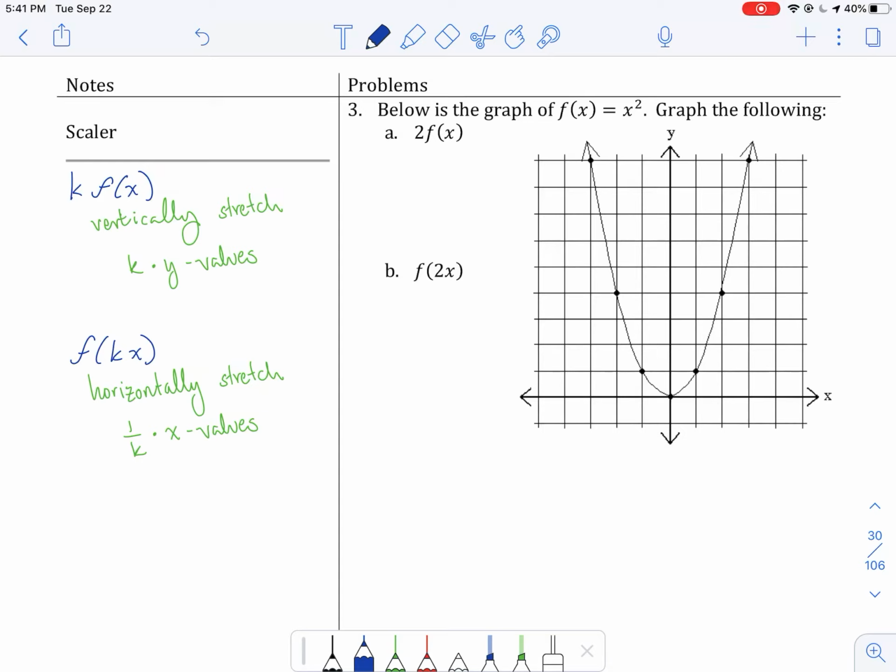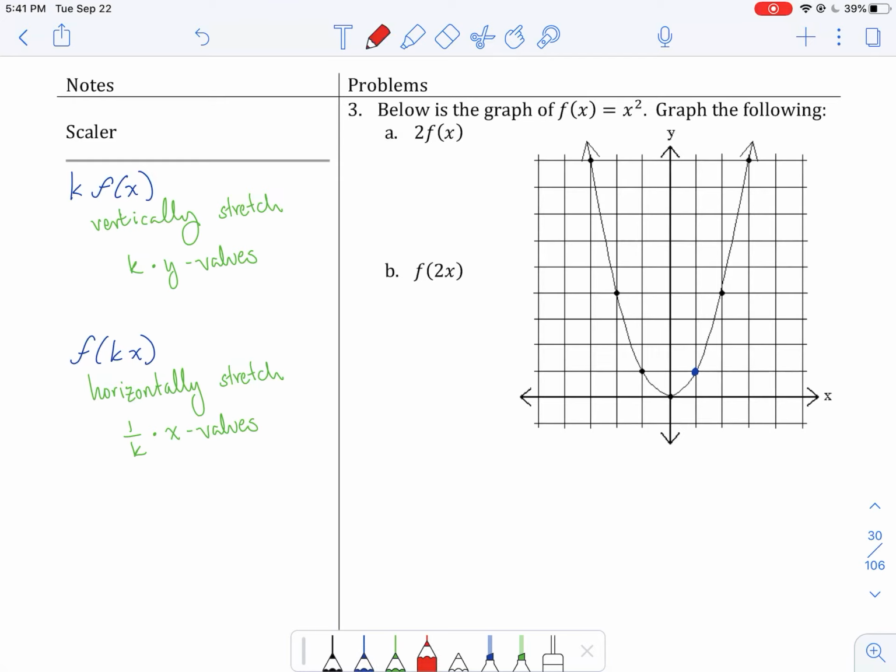So then if I wanted to graph A with a vertical stretch, what that means is that every y value is just going to be twice as big because we have a multiple of 2 here. So all the y values, f of x, are being multiplied by 2. So if I look here, my y value for this point is 1.